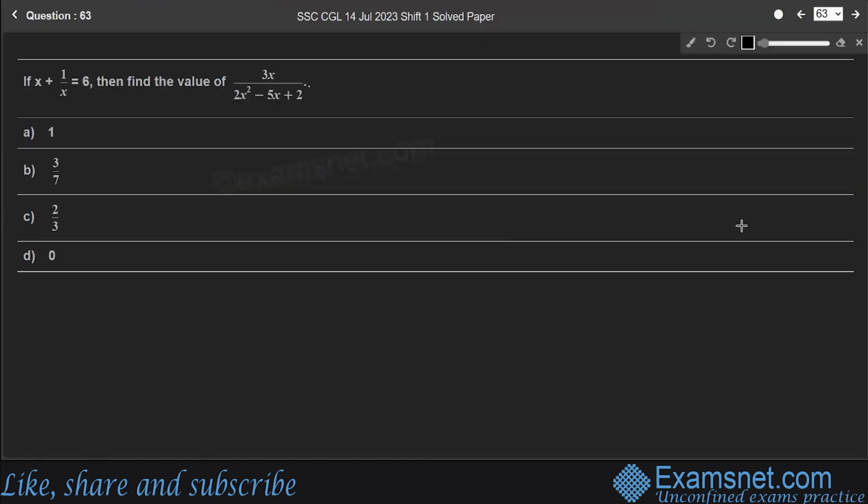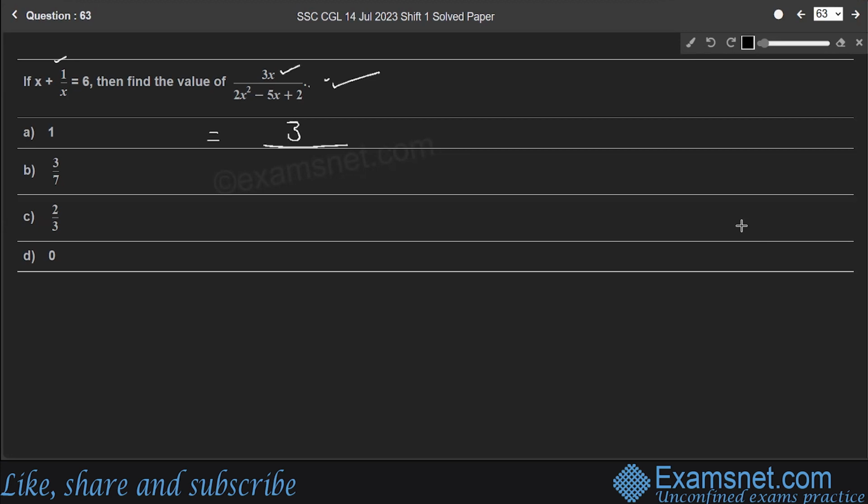Question 63. If x plus 1 by x is equal to 6, then find the value of 3x divided by 2x square minus 5x plus 2. So let us consider this expression 3x by 2x square minus 5x plus 2. In the numerator, we'll take 3. Right? We'll take this x to the denominator.